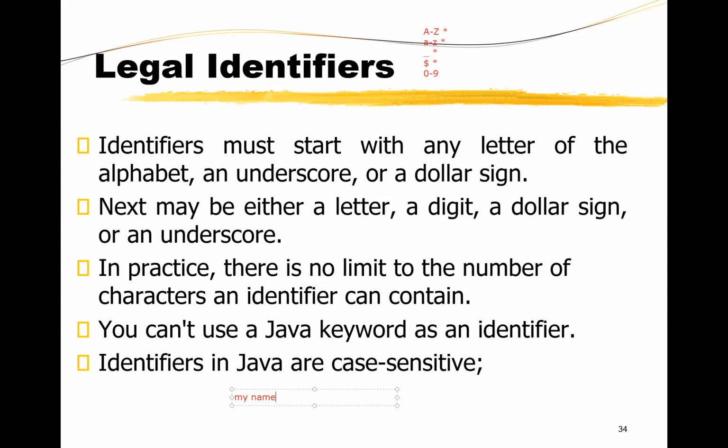You can have only one name. If you really need to separate words, how can you do it? You could use an underscore, my_name, or else you could separate by capitalizing, myName.